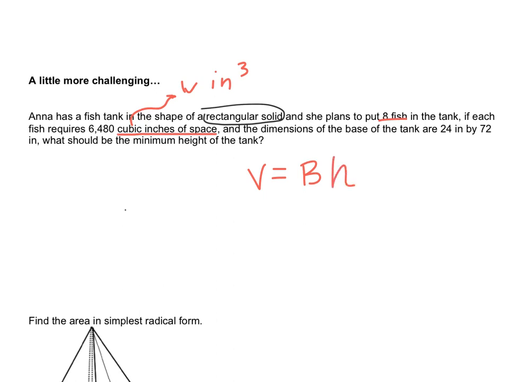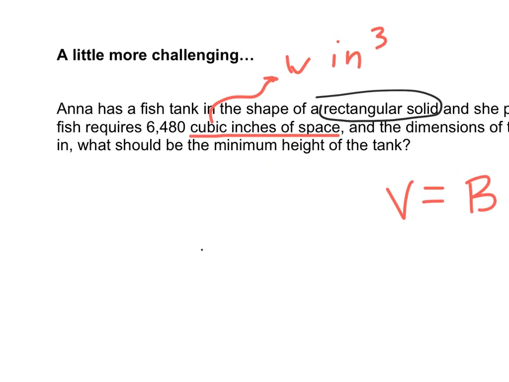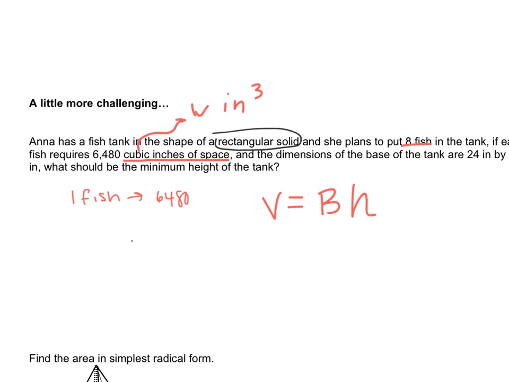Here's the issue. We know that one fish is 6,480 cubic inches of space. Thing is, she has 8 fish. So we want to find out how much 8 fish take up. If I want to do this, I can just do a nice little scale factor.